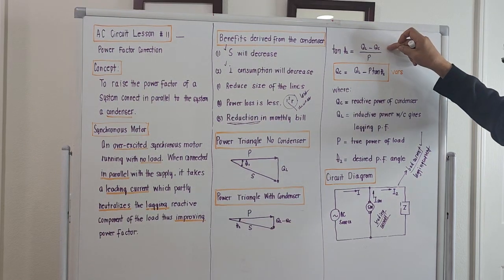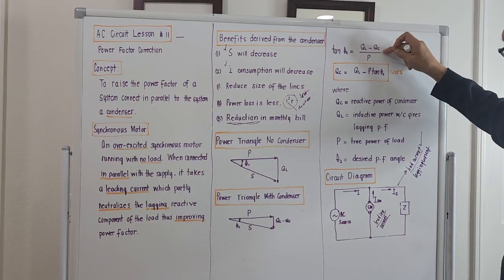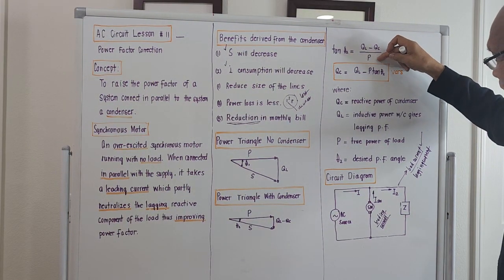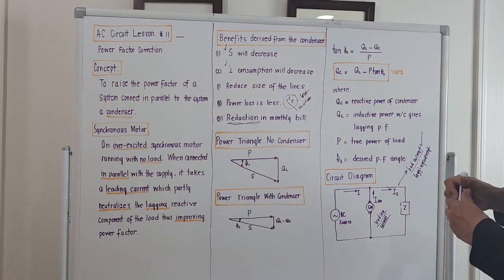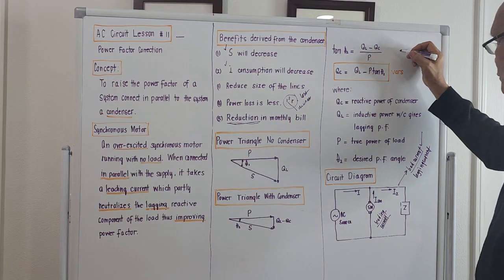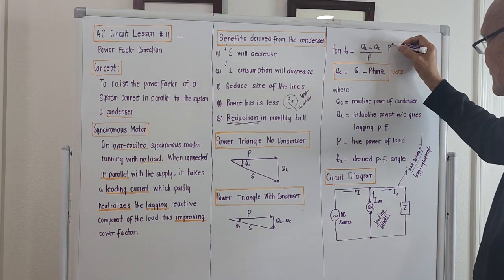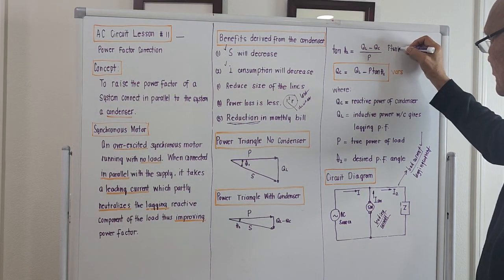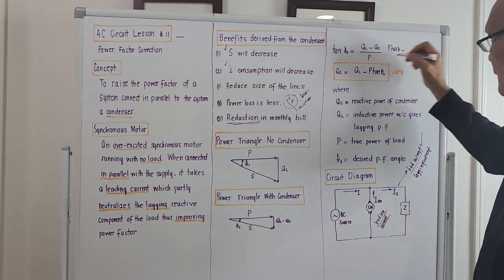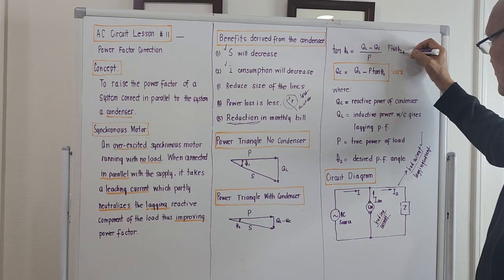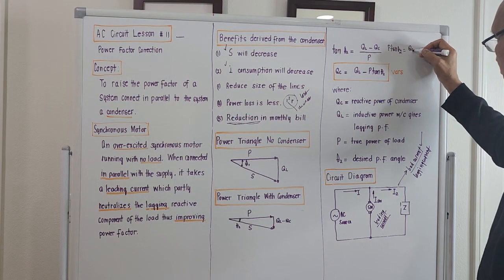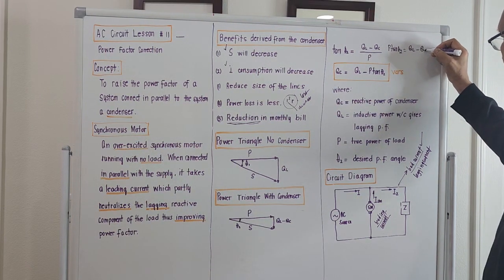Solving for QC, we cross multiply: P tangent of theta 2 is equal to QL minus QC.